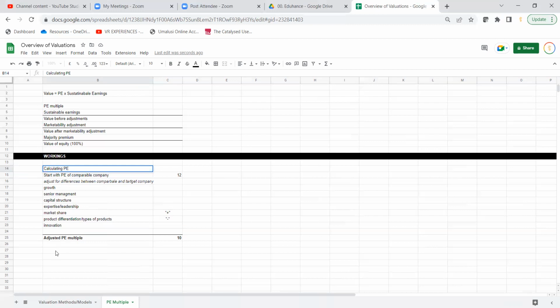Calculating sustainable earnings, what will just happen? You will have the earnings numbers. So you will start off with earnings.